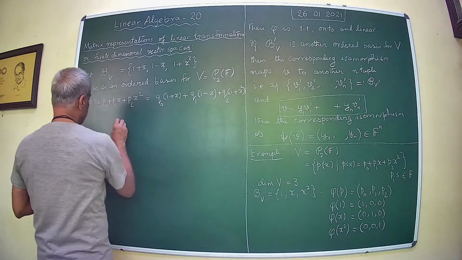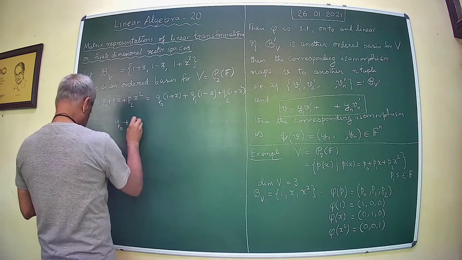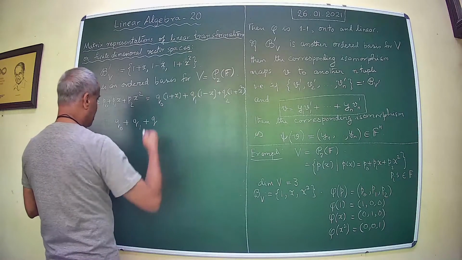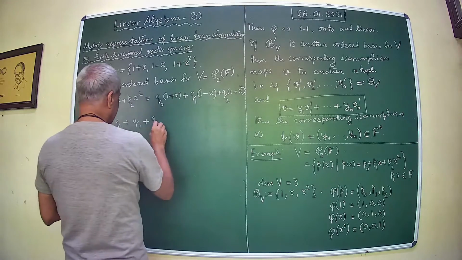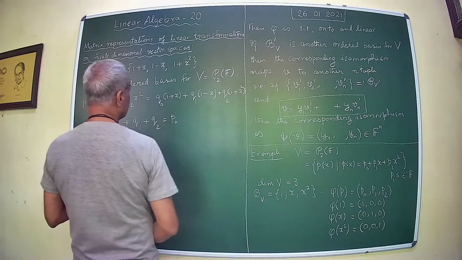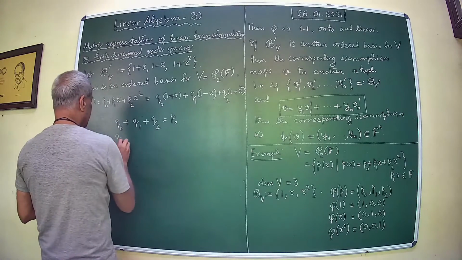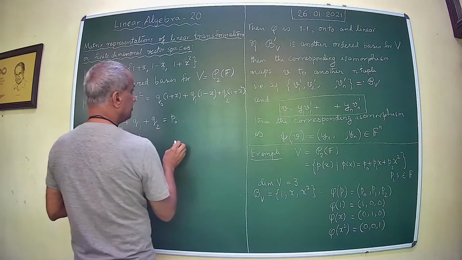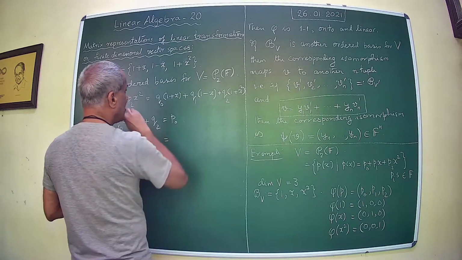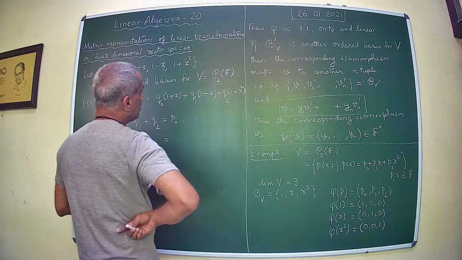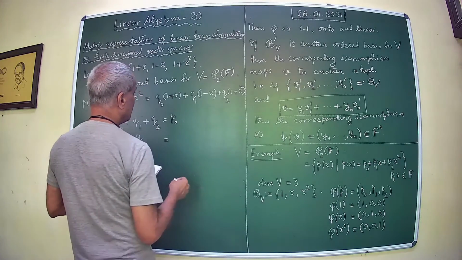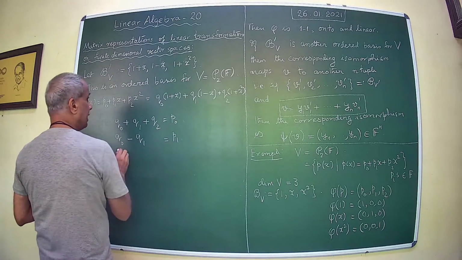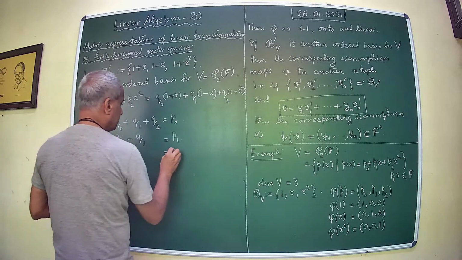They are q0 plus q1 equal to p0, then q0 minus q1 equal to p1, then you have q2 equal to p2.